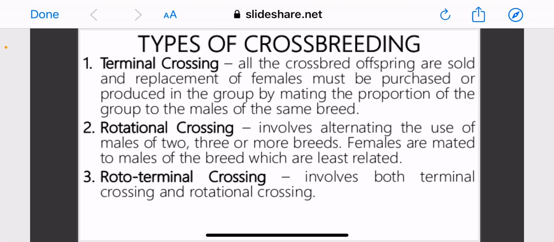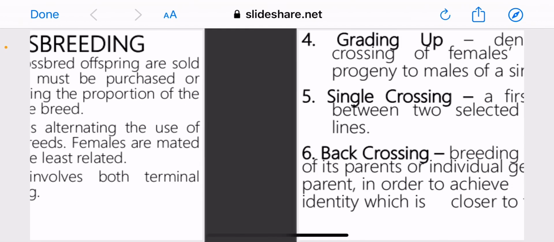So that's why rotational siya. Unlike terminal crossing, where the females must be replaced. In the roto-terminal crossing naman, it involves both terminal crossing and rotational crossing, a combination of the two.